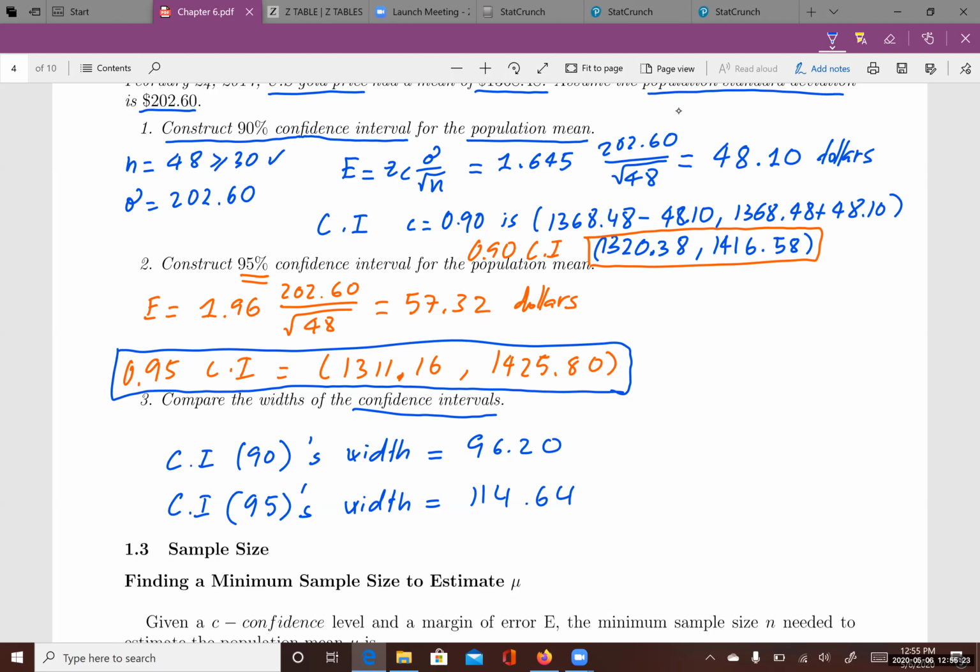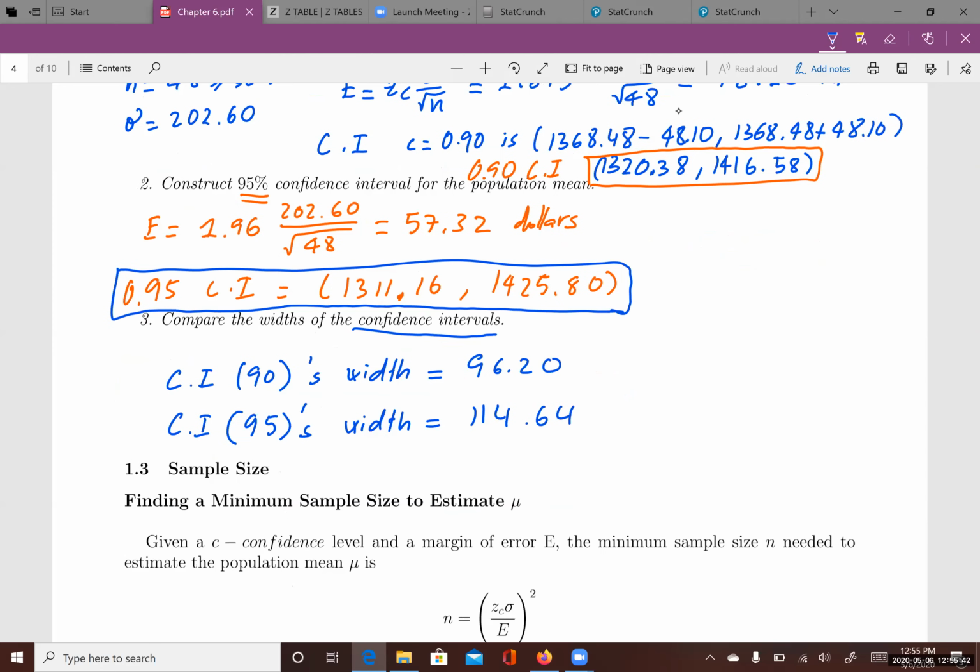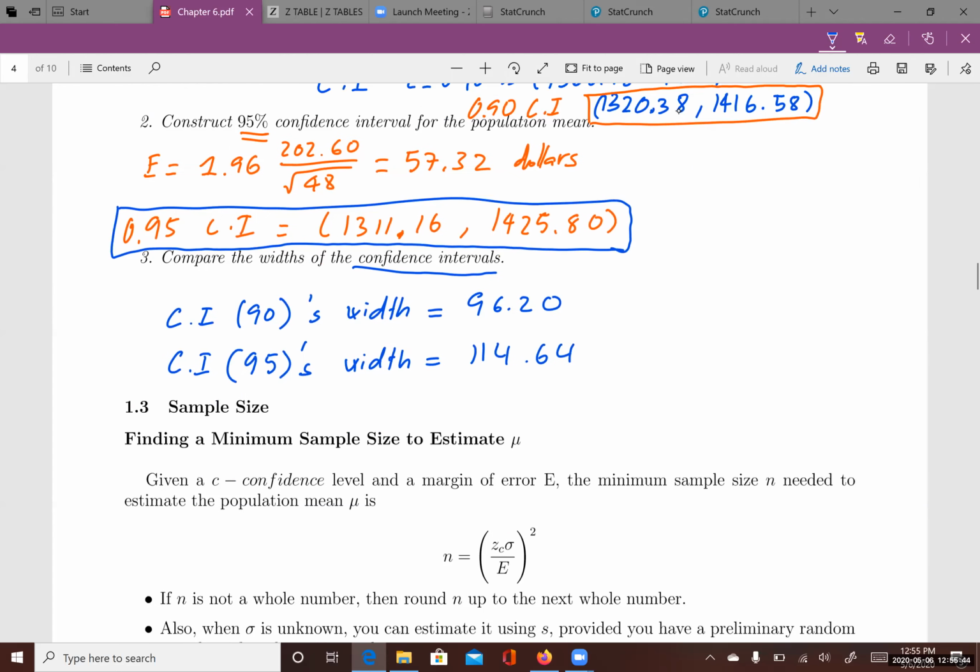So if you increase the confidence level, that is when you increase the chance of capturing the population mean. That is equivalent to a wider width of your confidence interval. Okay.